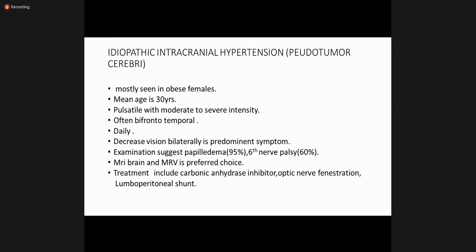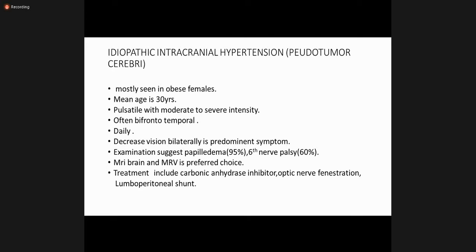When you do the examination, you may find papilledema in about 90 to 95% of patients, whereas associated sixth nerve palsy is seen in about 50 to 60% of patients. The reason these signs are present on examination is the raised intracranial pressure.